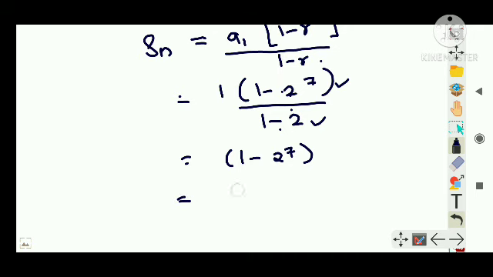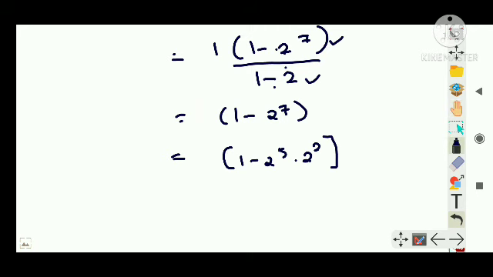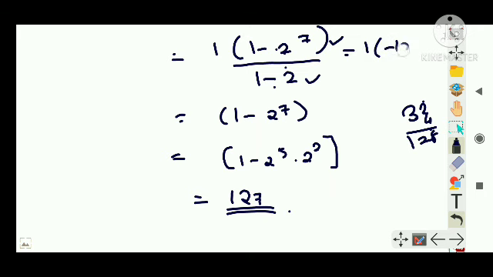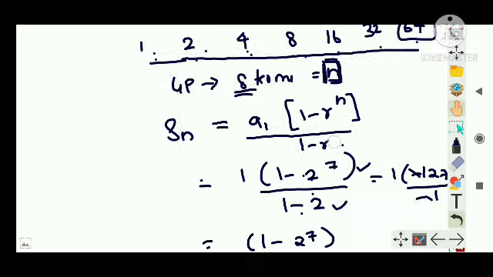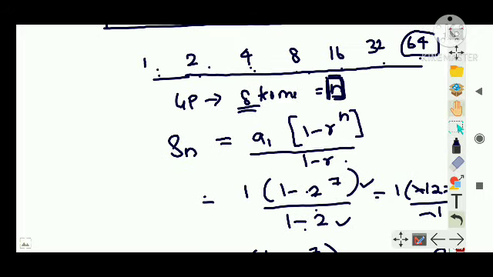That much you have to know. 2 raised to 5 into 2 raised to 2, 32 into 4, that is 128. So the answer will be 127. Numerator will be 1 into minus 127 divided by minus 1, so you can write it as 127. That will be the sum of this geometrical progression.